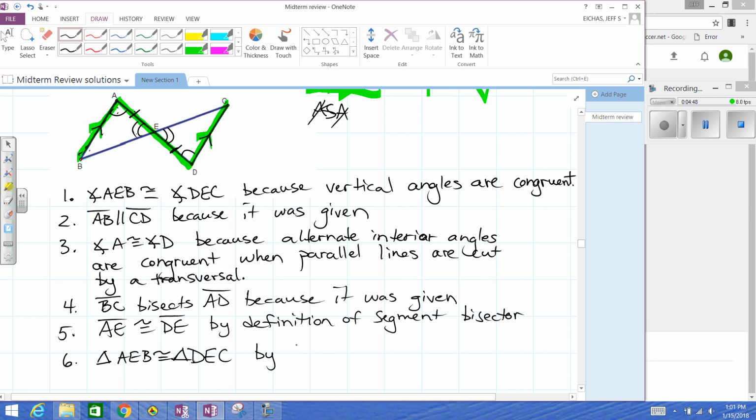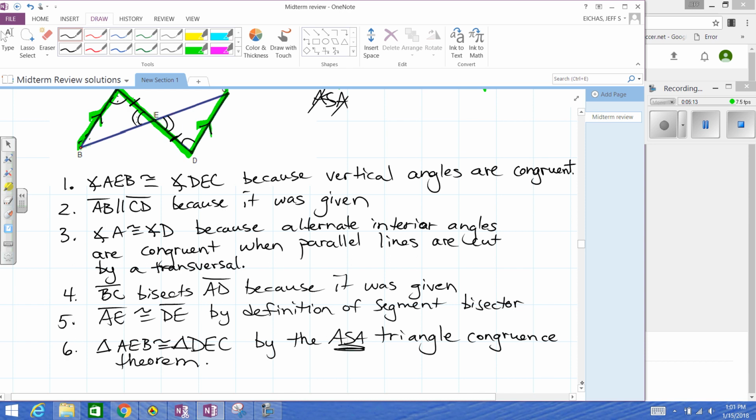And that's by the angle side angle triangle congruence theorem. Now, it doesn't matter the order that I proved it in, because the order I proved it in was angle, angle, side. It matters what the diagram says. Angle, side, angle, that the pair of sides are between the pairs of angles that we have here.